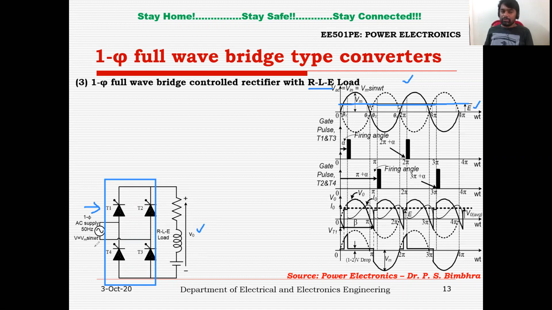And our motto is to convert AC into DC. The load has to draw current from the source. So the source is the AC source here. To draw the current from the source, it should be at higher potential. This is just like a waterfall concept. The water can flow from higher potential to lower potential. So just like that, the current will flow from higher potential to lower potential, right?